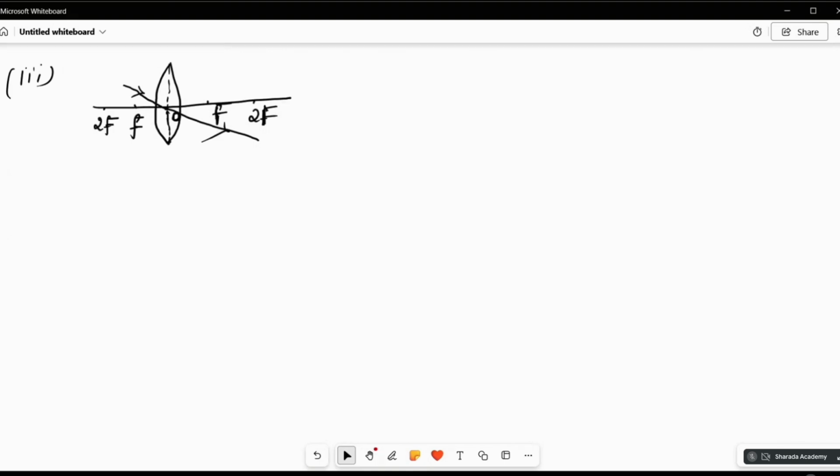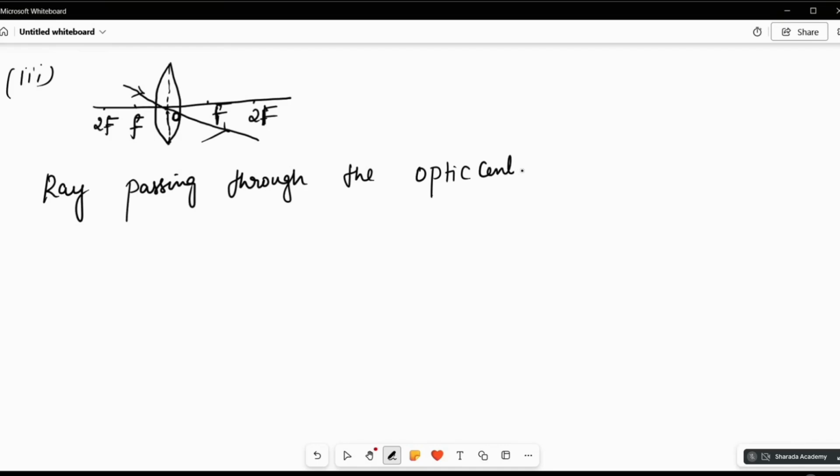Write down now. A ray passing through the optic center passes without deviation.